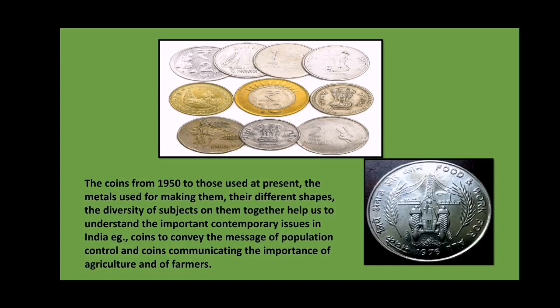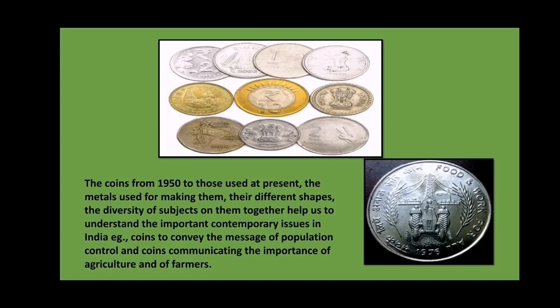As you can see, different types of coins have different pictorials on the back side, and these pictorials give a great message with the changing of lifestyle and the material, or the metal which was used previously, aluminium or copper. At present we are not using that.